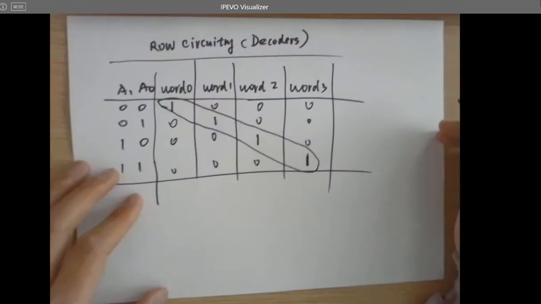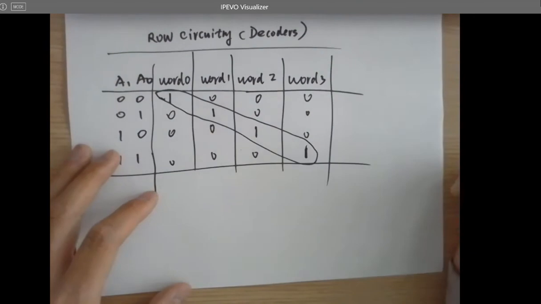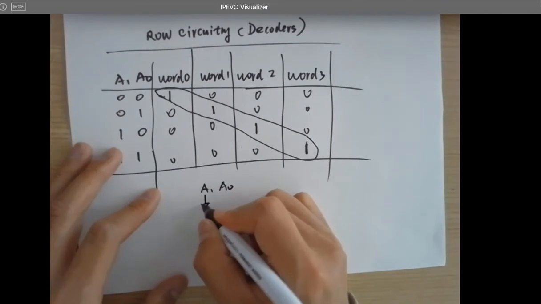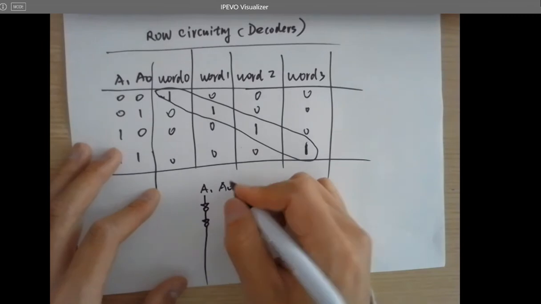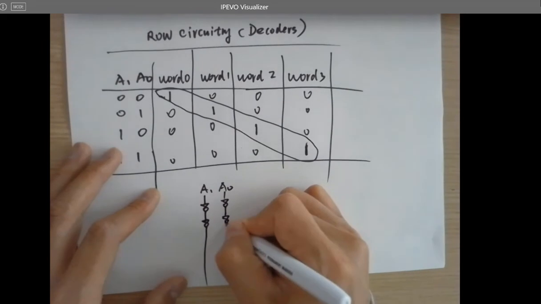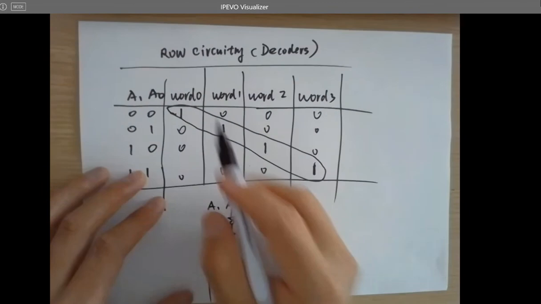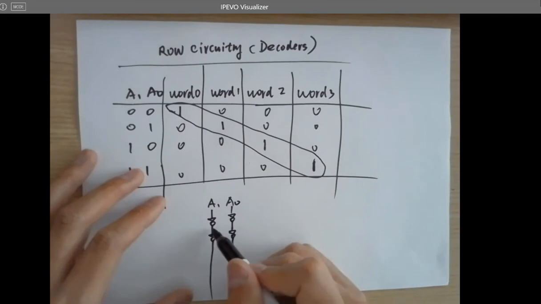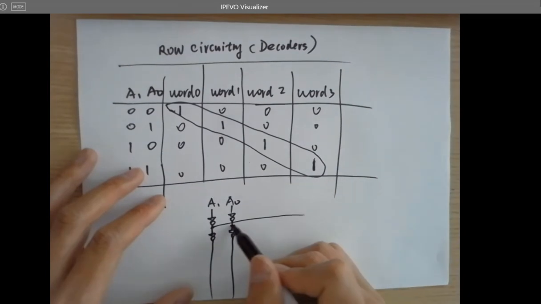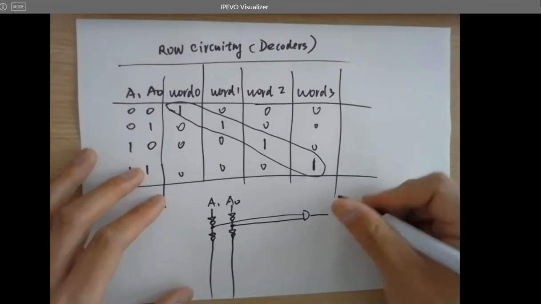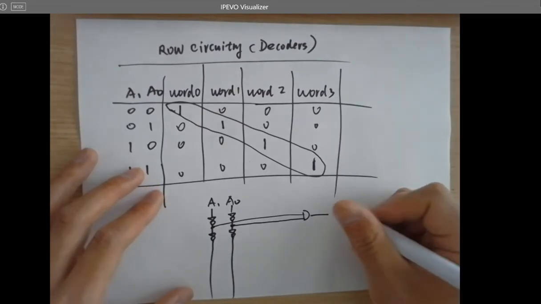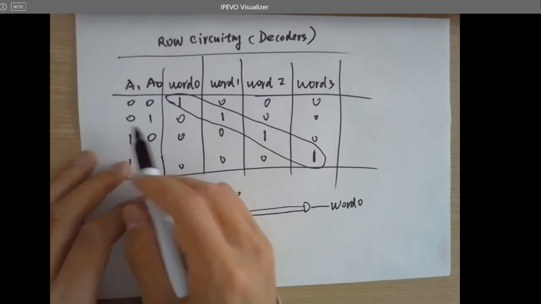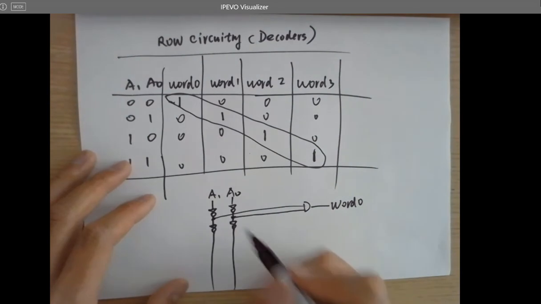It's a super simple logic. We don't even need a K-map. Just directly draw it like this: A1, A0. So for word 0, you need A0 not, A1 not. So this will give you word 0 will be activated, and then A1 not, A0.